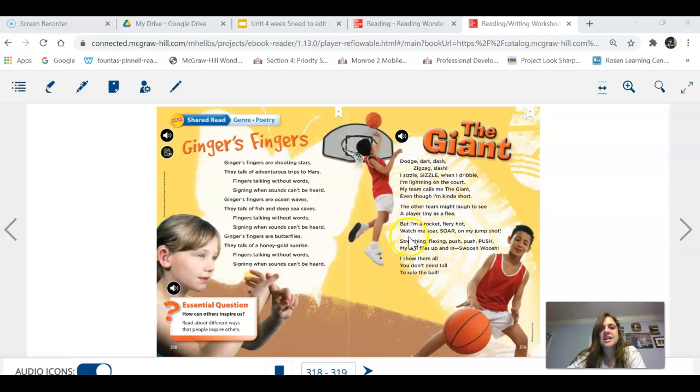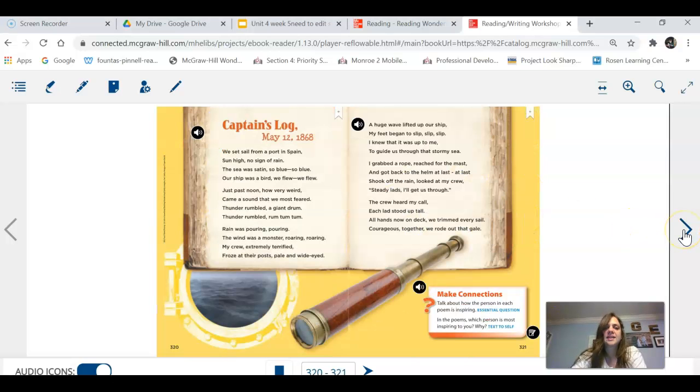And it does have stanzas, but each stanza has a different number of lines. So this poem is a free verse poem. It doesn't always have the same rhyming pattern, and it has a different number of lines in each stanza. Let's read on. This is our last poem for today.